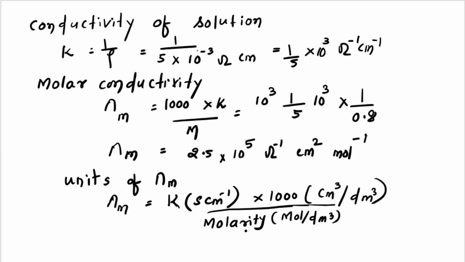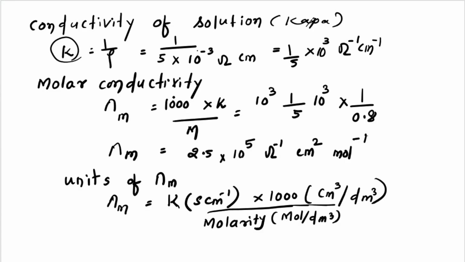Then conductivity equals 1 by rho; conductivity is known as kappa. So kappa equals 1 by rho; put the value of rho here and calculate.